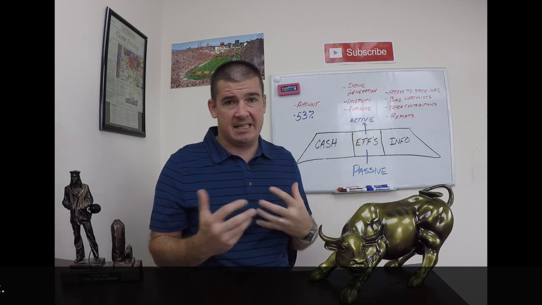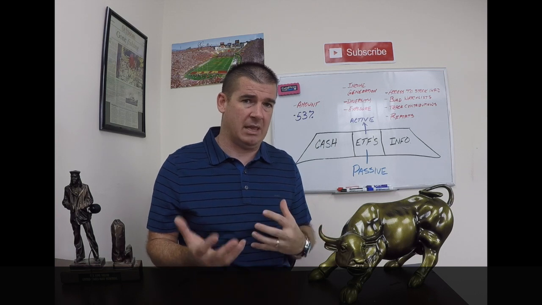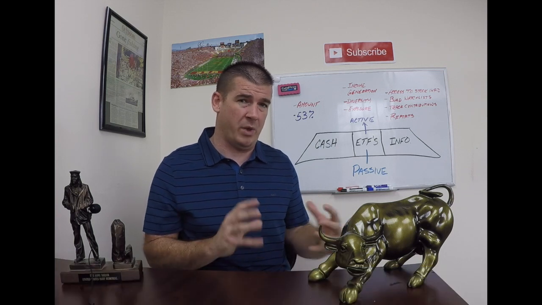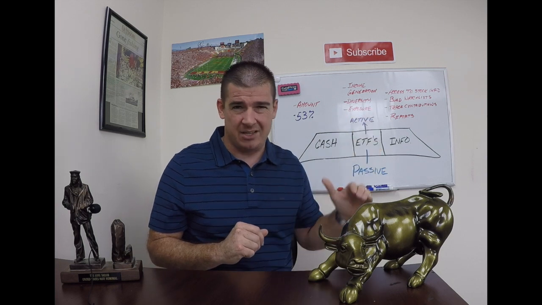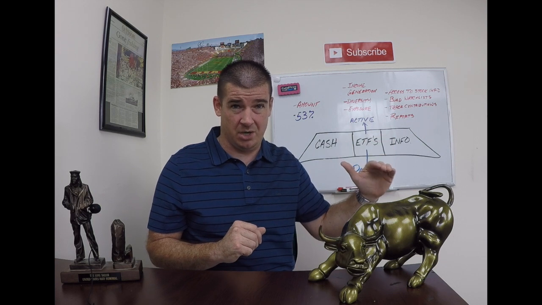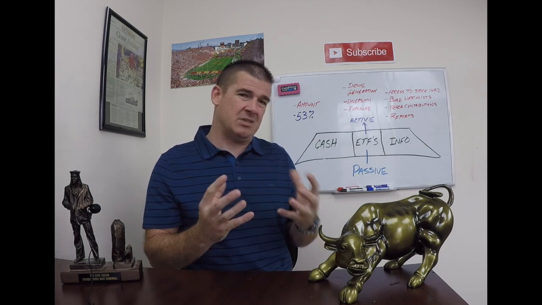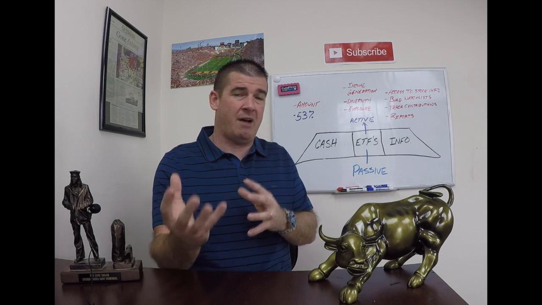The last thing is access to reports, and reports can tell you a lot about how diversified you are within those accounts. It's going to tell you what particular sectors of the market you have and what percentage you're exposed to within those sectors. For example, if you have 20% in energy and the recommended allocation is 10%, that may give you some indication that maybe you should take some profits there.